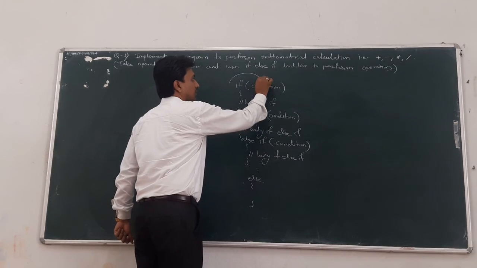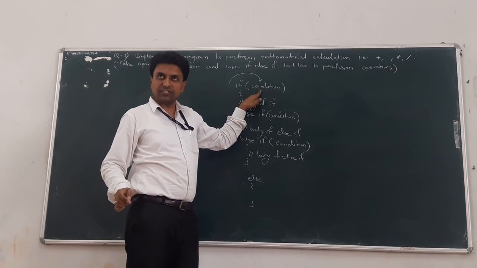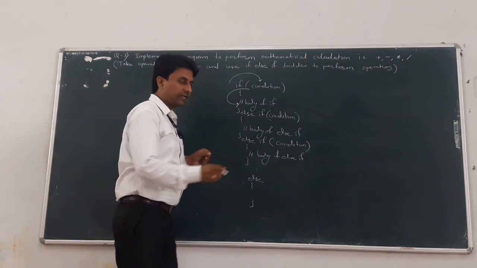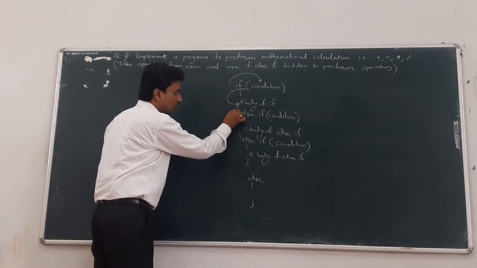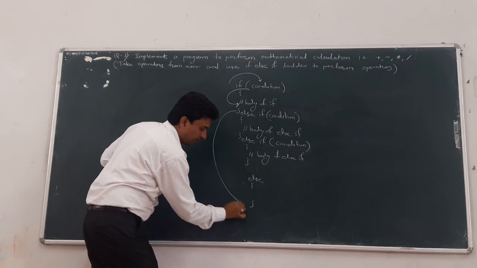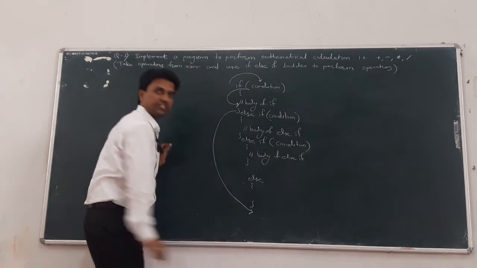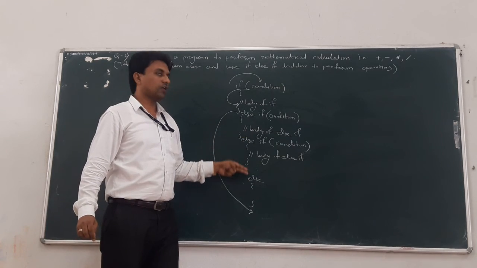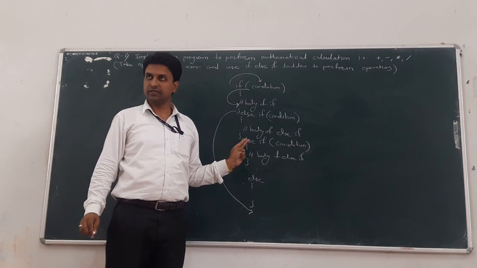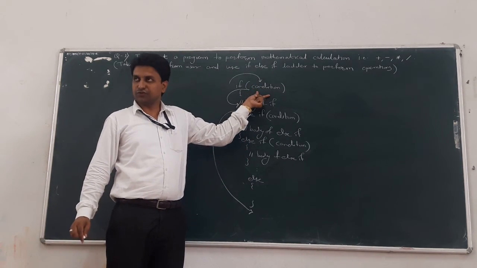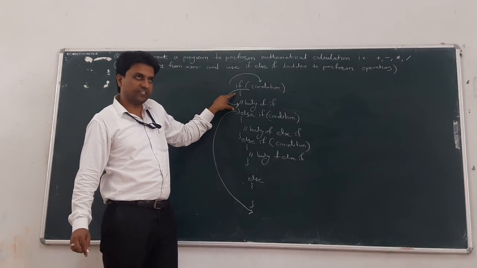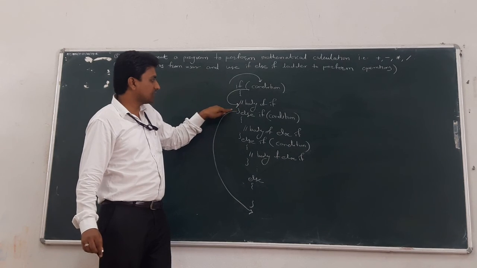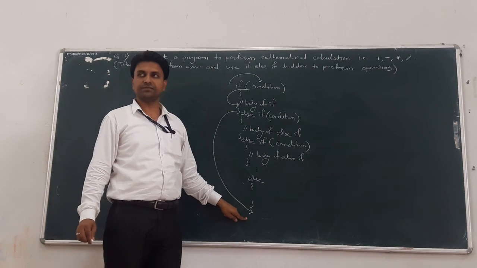First, if the if condition is true, then the body of if is executed and the cursor goes directly out of this ladder, to the end of the else statement. Clear? Other steps are not executed. If the first step's condition is true, then only the body of if is executed, other steps are not executed, and the cursor goes out of this ladder.